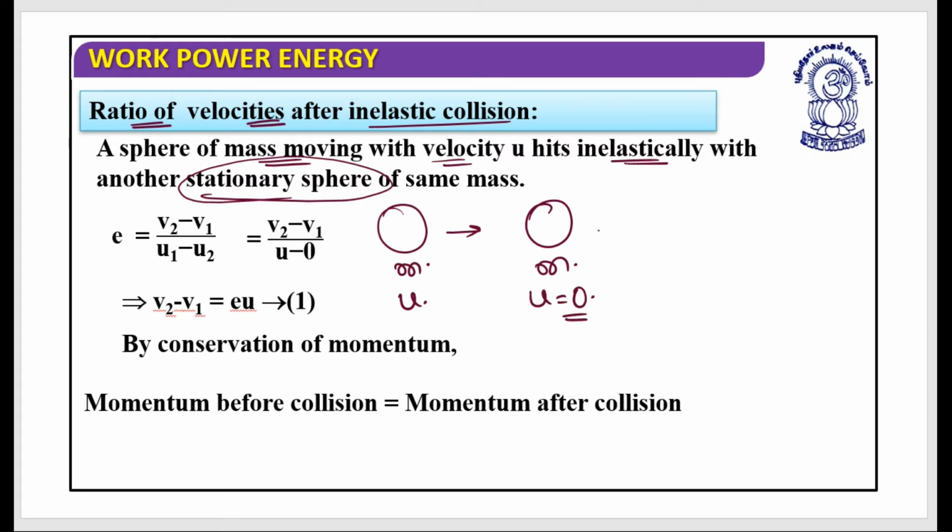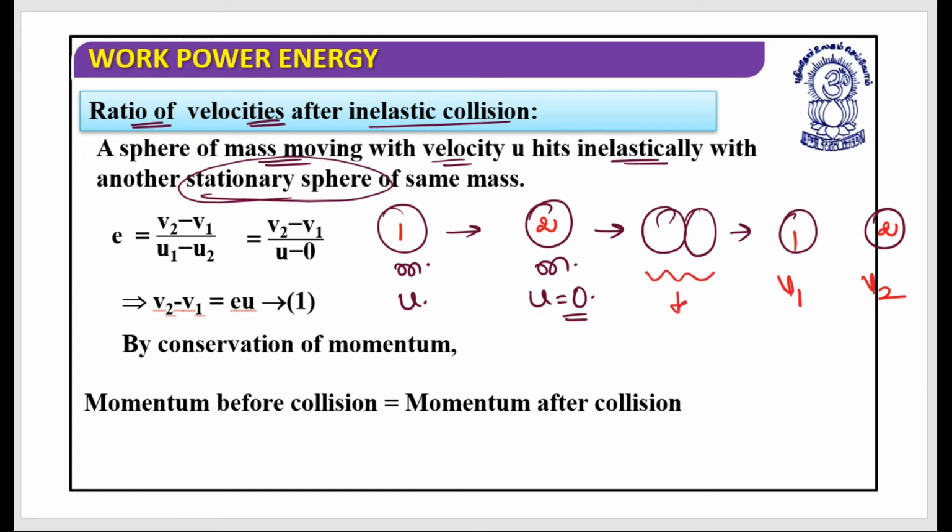So they are going to collide somewhere, and after the collision they are moving something like this. Let's suppose this is the first object, this is the second object, and this would be velocity 2, this would be velocity 1. Yes, and this is the time of inelastic collision. So I want to find out the ratio of their velocities after their collision.